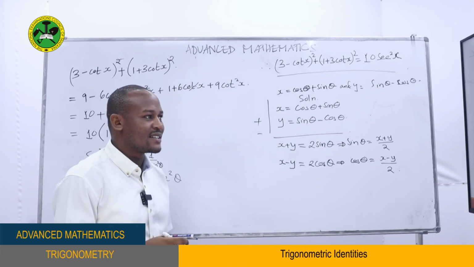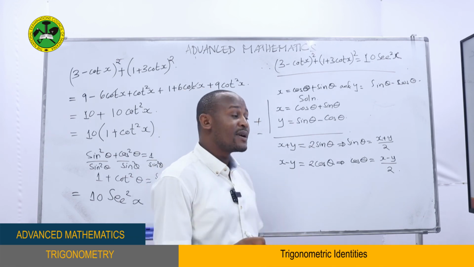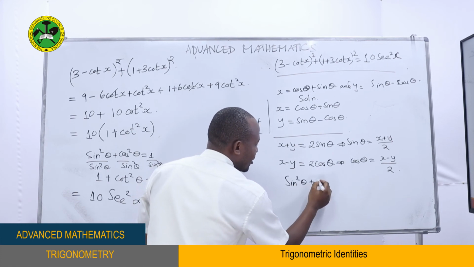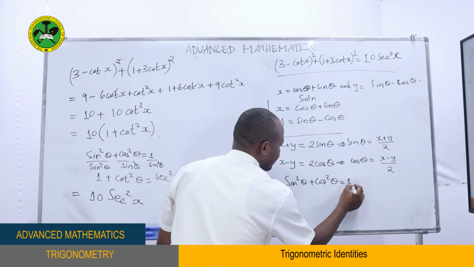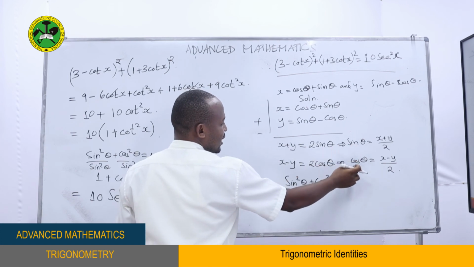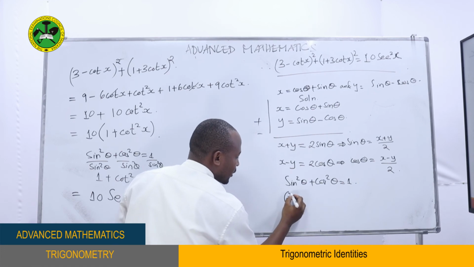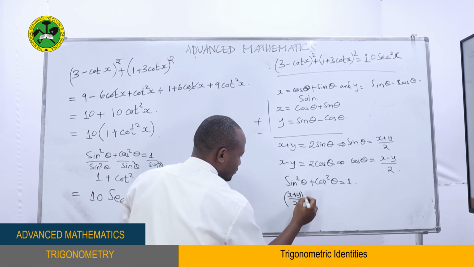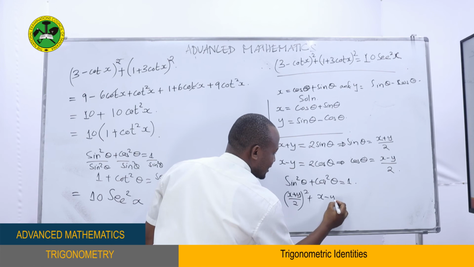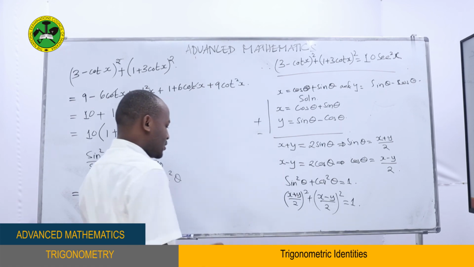Now let's use our identities, as the question says that we are to remove theta by the use of simple trigonometric identities. I will use the Pythagorean identity, that is sine squared theta plus cos squared theta is equal to 1. That means I will square those, and we will be left with (x plus y over 2) squared plus (x minus y over 2) squared is equal to 1.